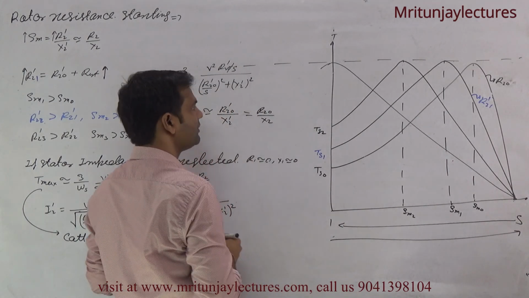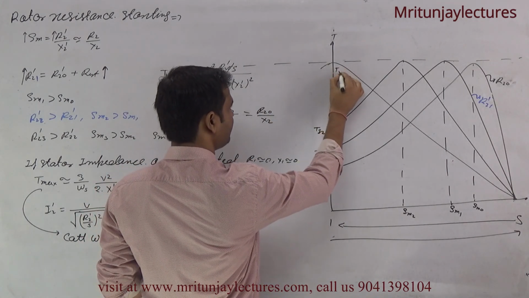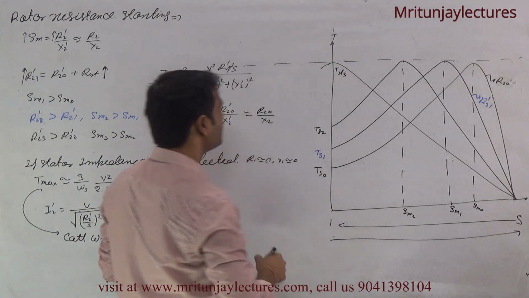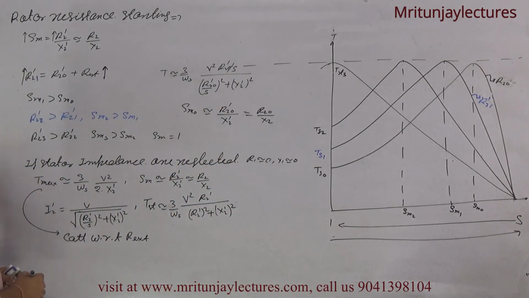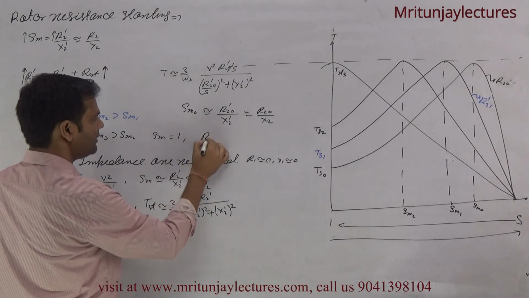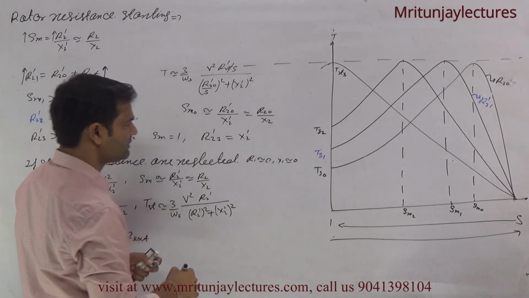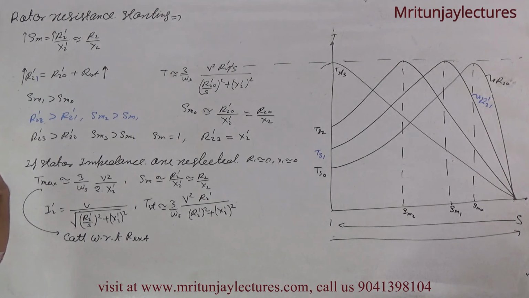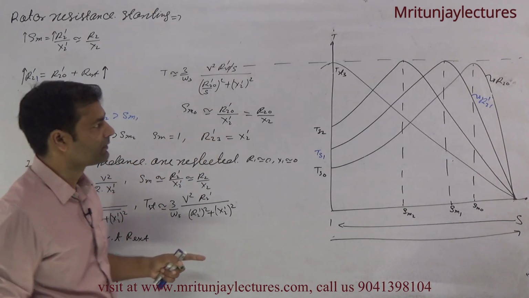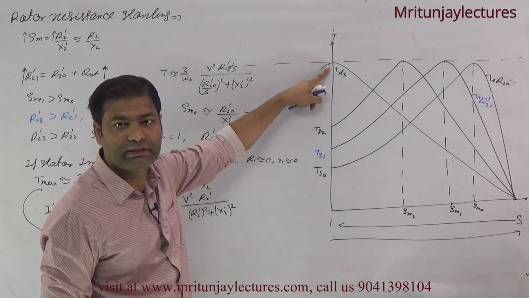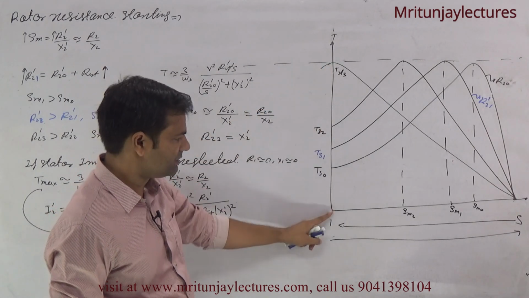That is starting torque T3. Clear? In this case, R2 dash equals X2 dash. Then SM equals 1, and the maximum starting torque is represented here.